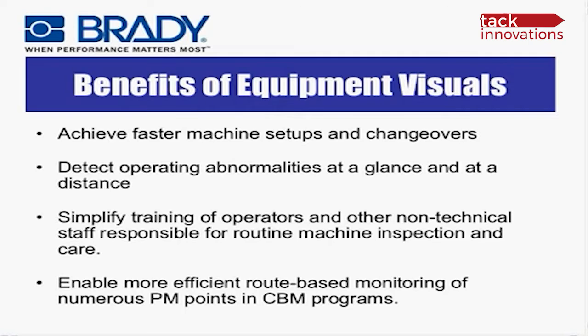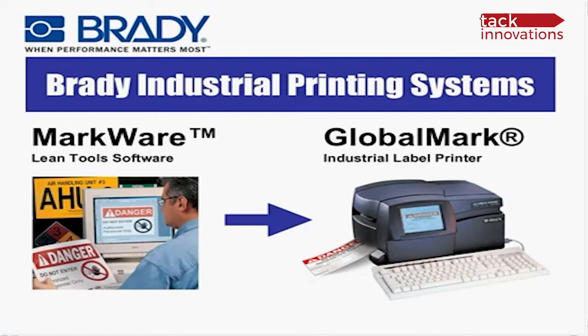Visual equipment controls can also improve efficiency in condition-based maintenance programs where reliability engineers periodically walk a route and inspect numerous PM points on pieces of equipment which may be largely unfamiliar to them. It's easy to see how equipment visuals can have a significant impact on productivity, quality, throughput, cost, and safety.